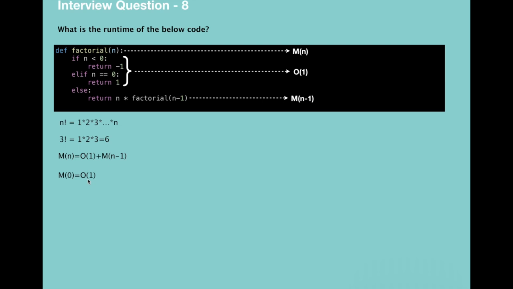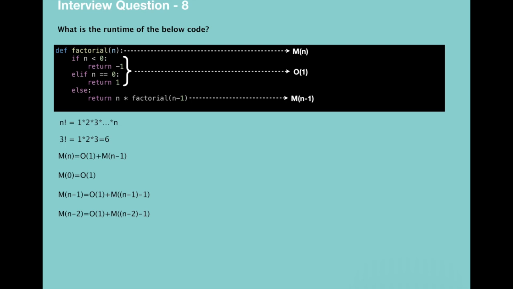The next step is we need to find a few more going backward from n to 0. So we run our function for n minus 1, and the equation will be like this. Then we continue to the next one, which is n minus 2, and the equation will be like this. And we can continue this until we reach where the parameter is 0.